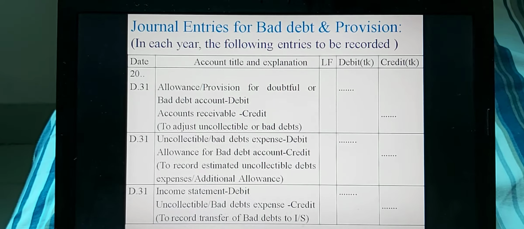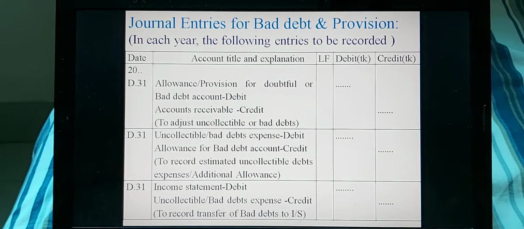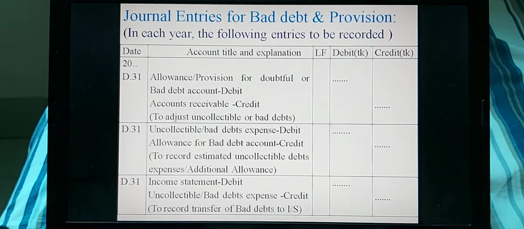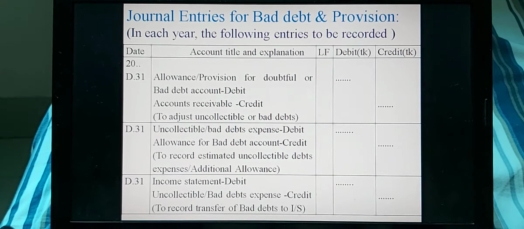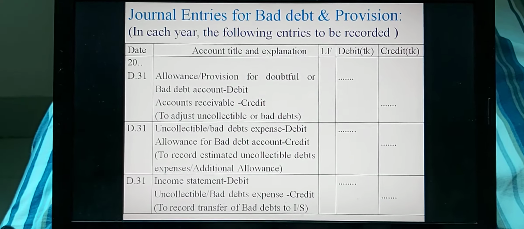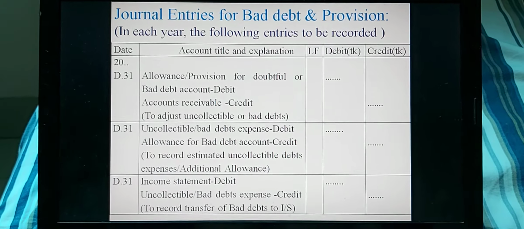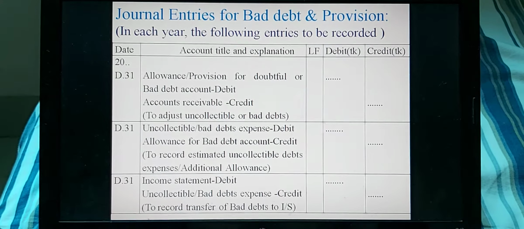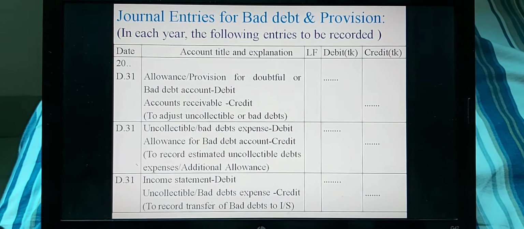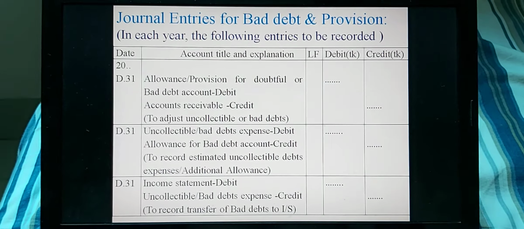Another requirement may be to prepare an income statement showing bad debt and provision for bad debt. Another is to prepare a statement of financial position that includes bad debt, provision for bad debt and the debtors amount.